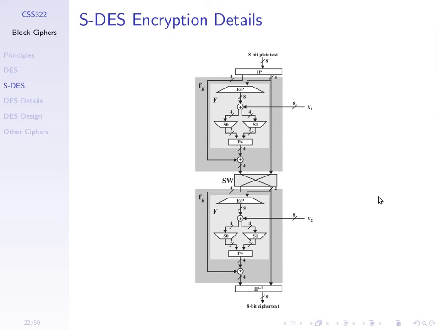We have the output of S0 and S1. We have 4 bits. We permute with P4. We'll get 4 bits out. Then we XOR those 4 bits with the left half that came out of the initial permutation. Let's quickly do that and then we'll get to our answer.